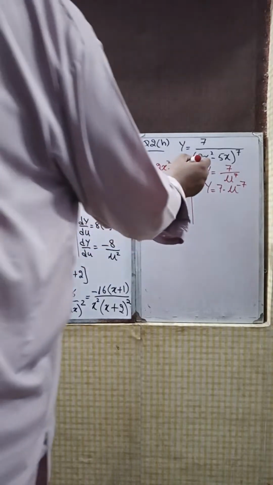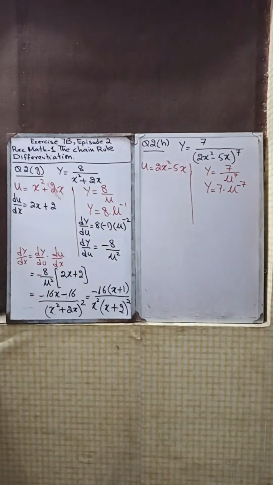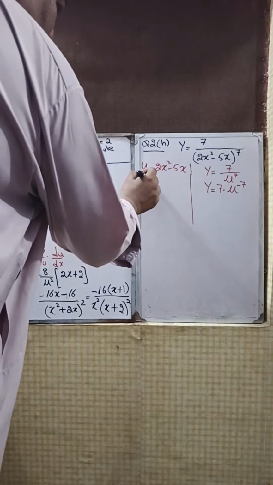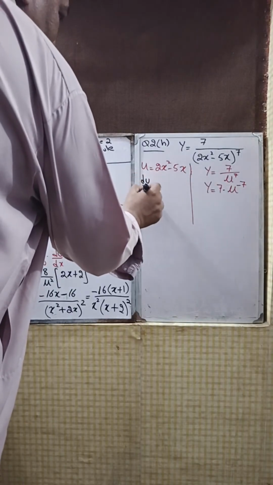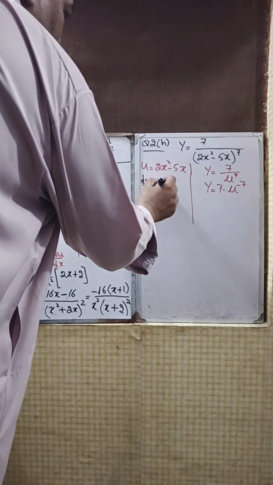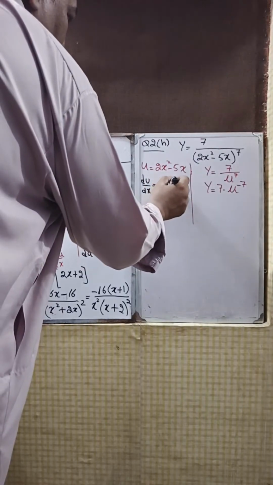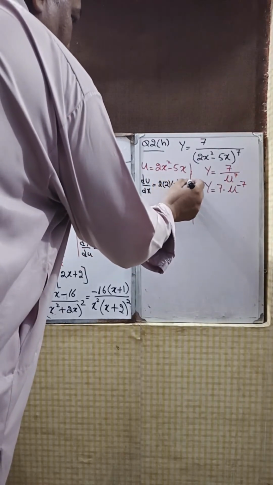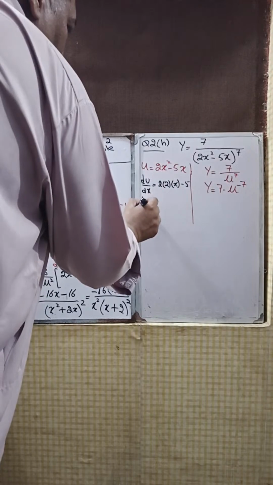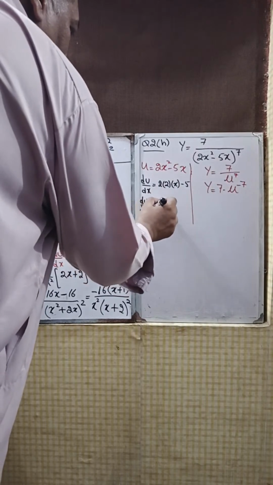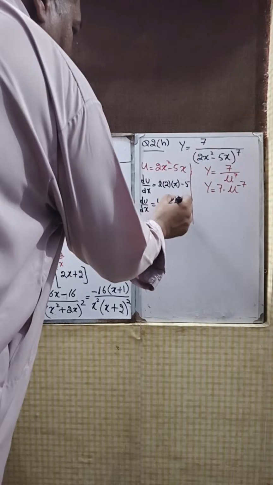I will differentiate u with respect to x, and y with respect to u. So du by dx equals 2 into 2 into x, and minus 5, so du by dx is 4x minus 5.